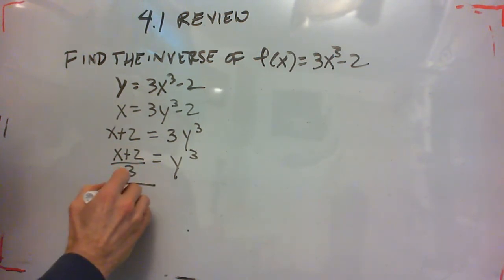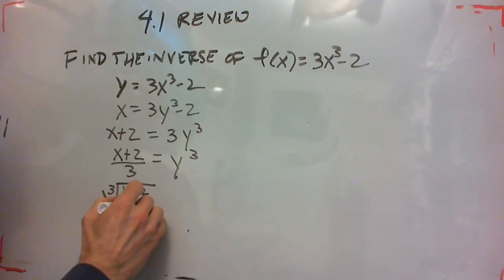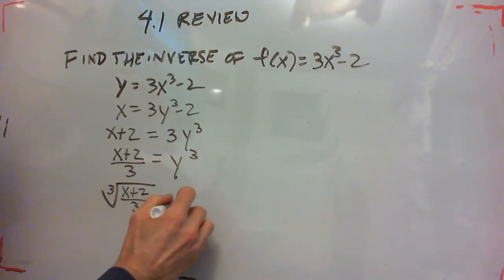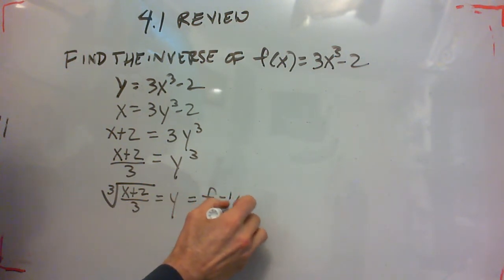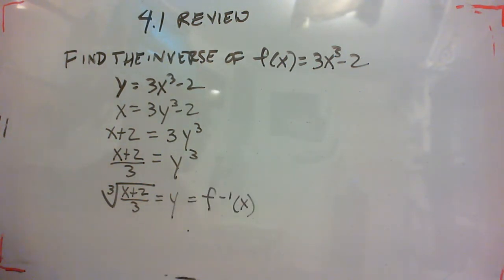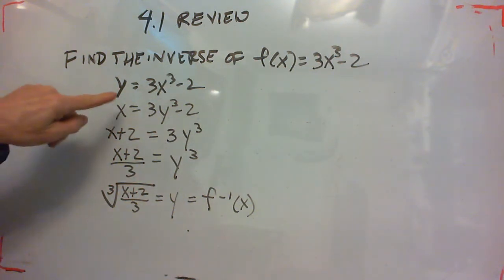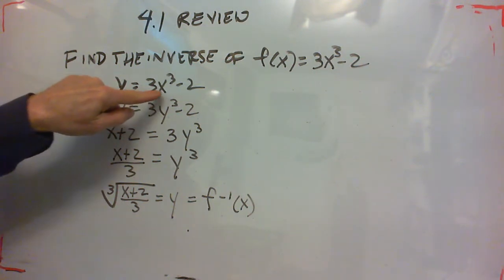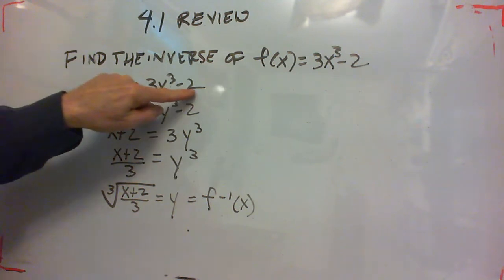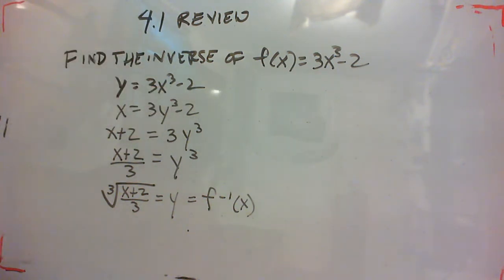So we get the cube root of (x plus 2) over 3 equals y, which we would label as f inverse of x, standing for the inverse of f. The reason this procedure works is because to solve that equation for y, we have to reverse all the operations of the function, and we have to do it in reverse order.